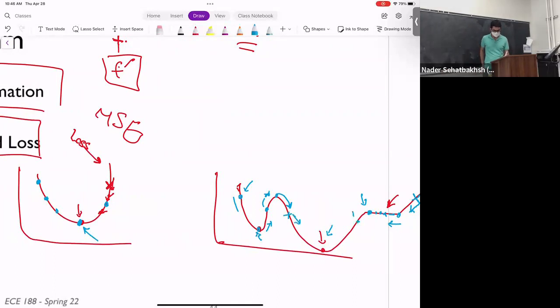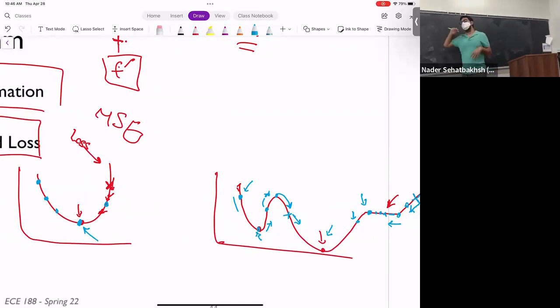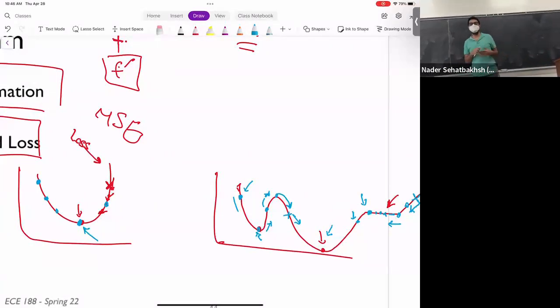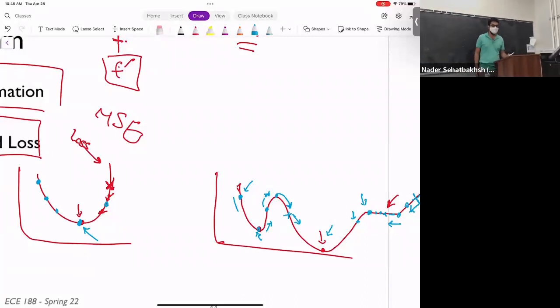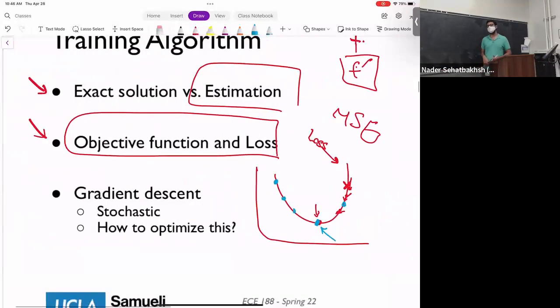Or if we start here, it is the same. But if we start here or here, we get stuck in the local minimum, right? So we need to start at multiple different initialization points and repeat this process multiple times so that we finally find this minimum point, this global minimum. Okay? So that's the idea of gradient descent.